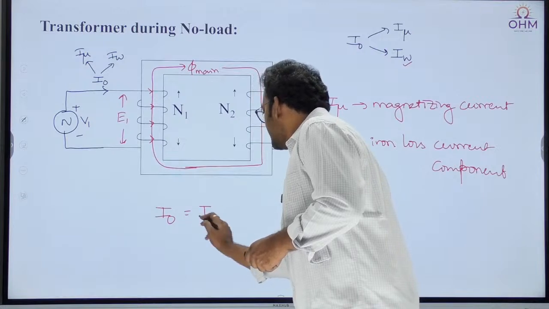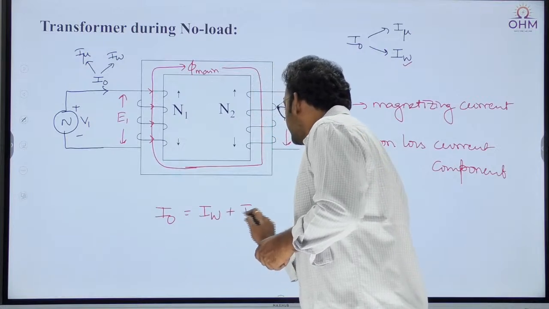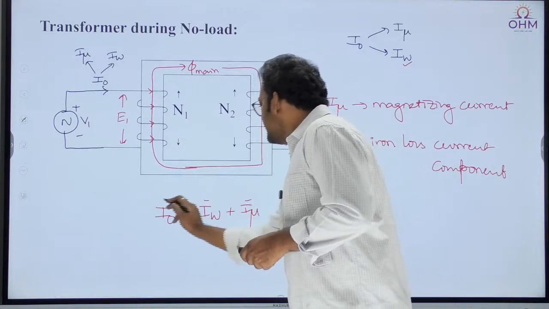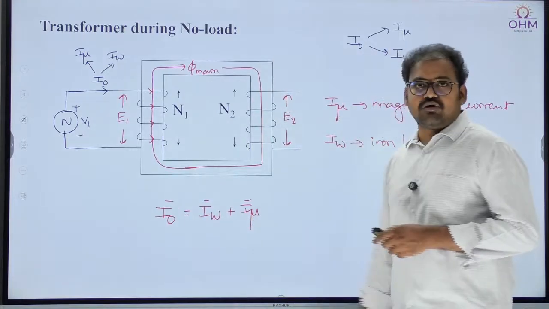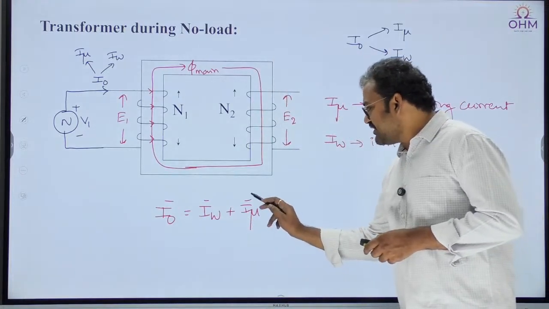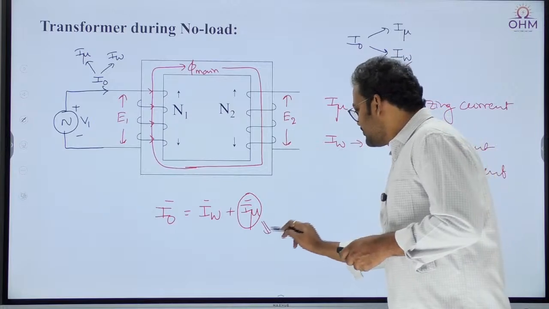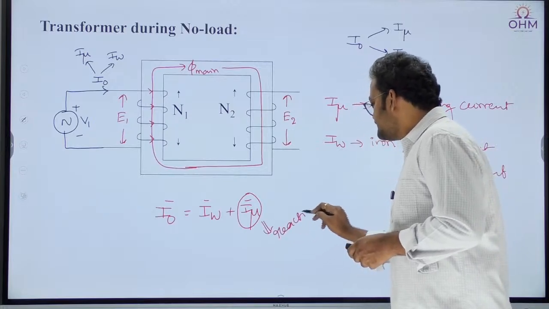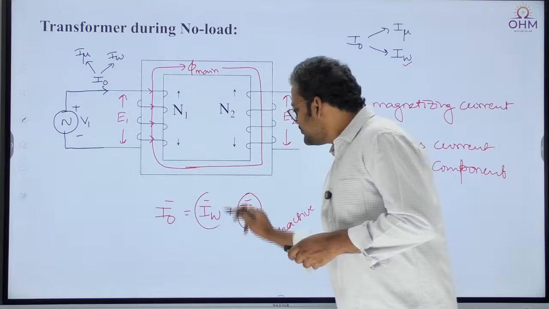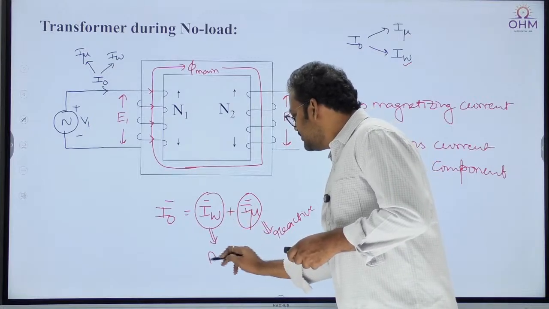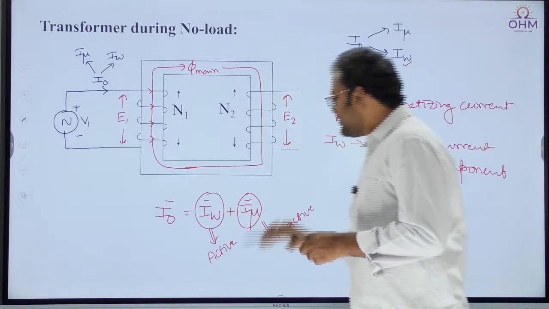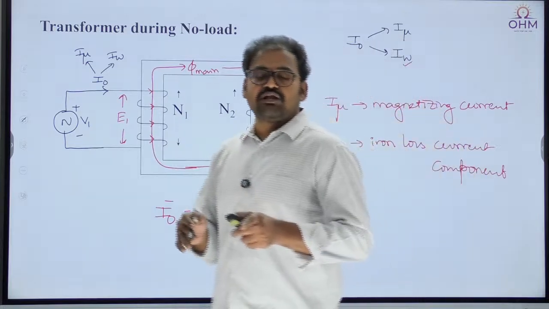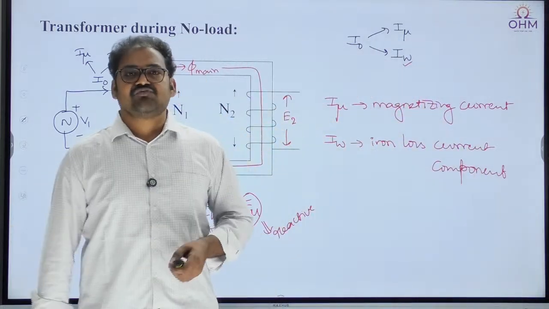Out of this IW and I mu, I told you already I mu is a purely reactive component, lags the voltage by 90 degrees. Whereas IW is a purely active component. Why is it an active component? Because IW will represent iron losses in the transformer.